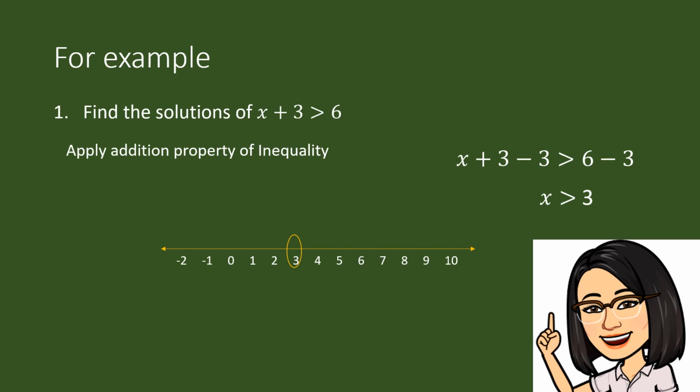This is not included in the solution set. We are going to put an arrow going to the right of 3. These are numbers that are greater than 3. Therefore, the solutions are 4, 5, 6, and so on and so forth.